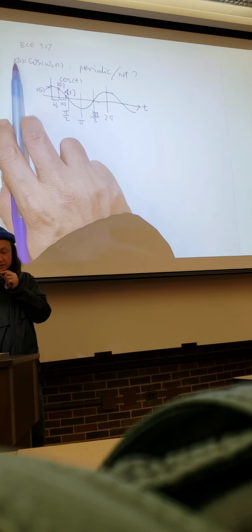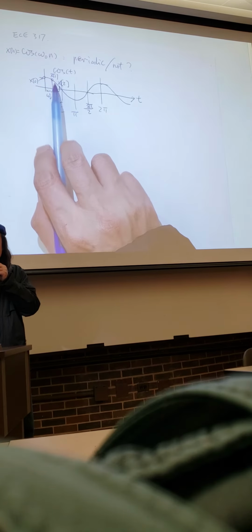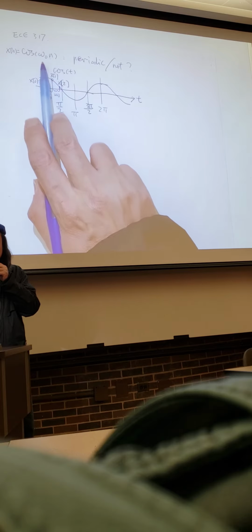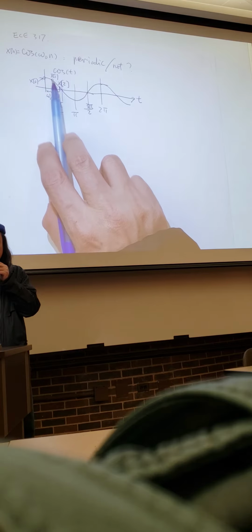So for this, x of n is cosine of omega naught n. For certain omega naught, they will repeat, but for certain other omega naught, they will not repeat.